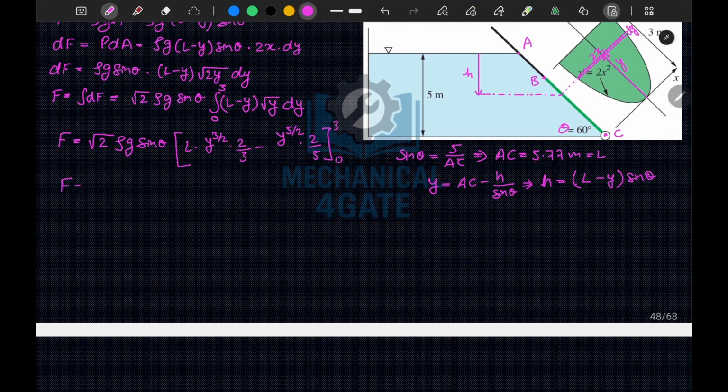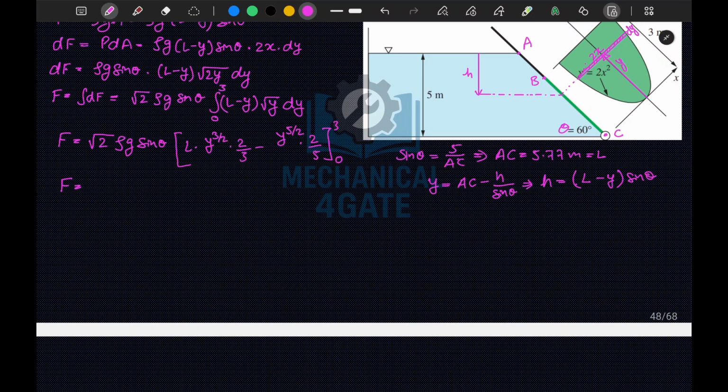So F is equal to, now y here, we have to put 3. So 3 to the power 3/2, that is 1.5 times 2/3, into L. Now your L value here is 5.77. Now minus 2/5 into y to the power 5/2, and y here is 3 to the power 2.5.